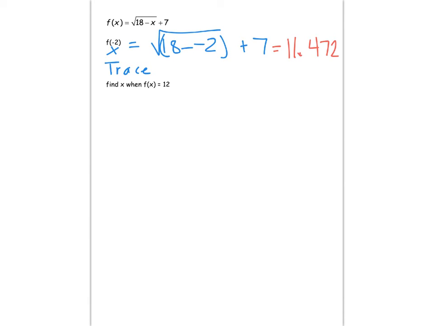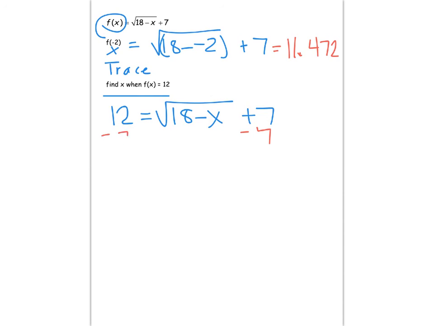Okay. For the problem down here where it says find x when f of x equals 12, that's of course when we make f of x equal 12. So 12 equals the square root of 18 minus x, plus 7. That's the same work that we have been doing. Get the square root by itself, so subtract 7. 5 equals the square root of 18 minus x.